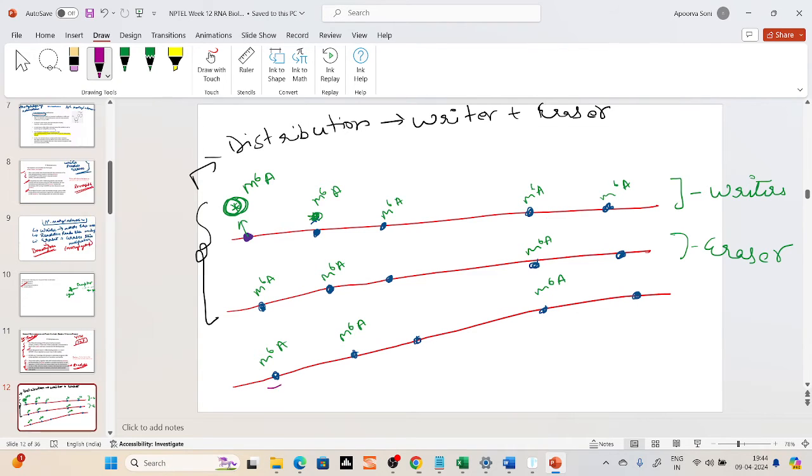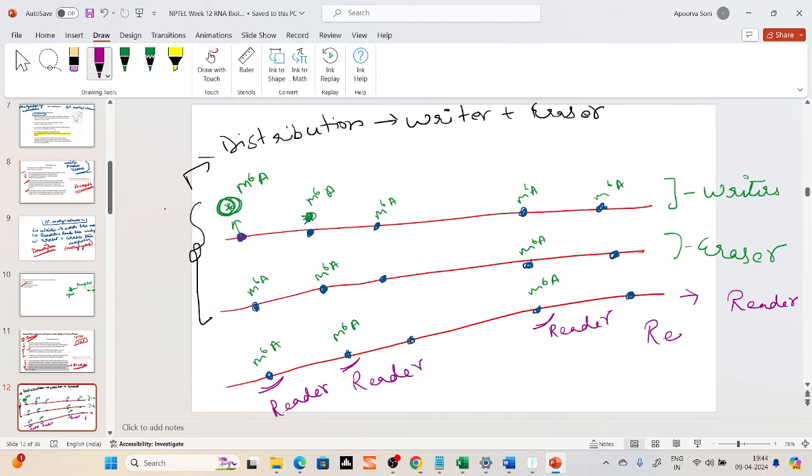Readers. Now readers will come. These are readers which will read the modifications. Here comes the reader.